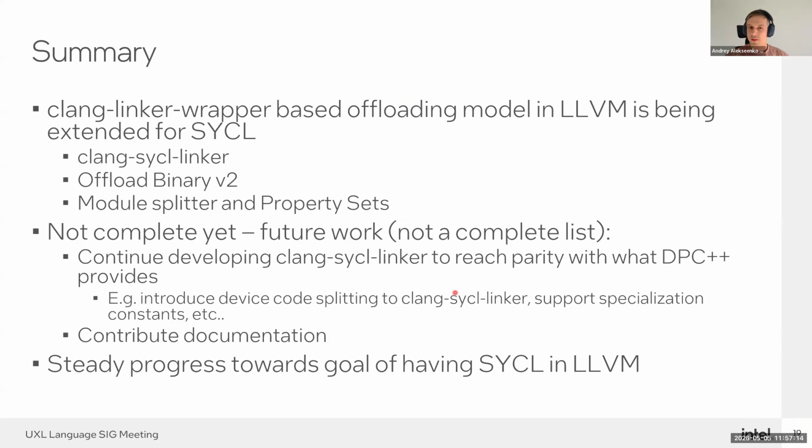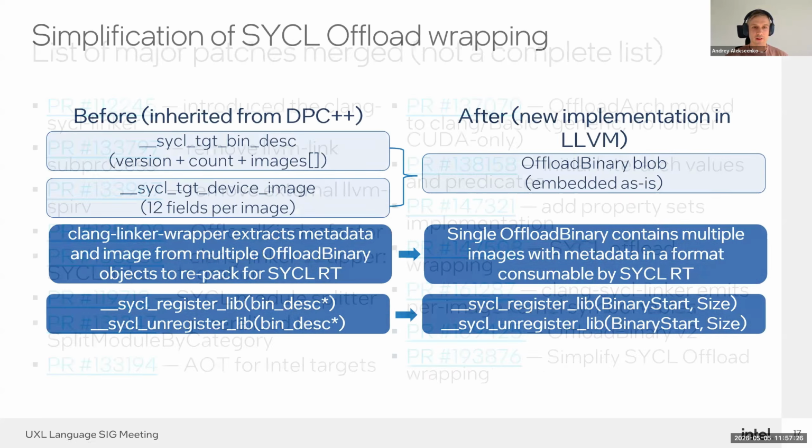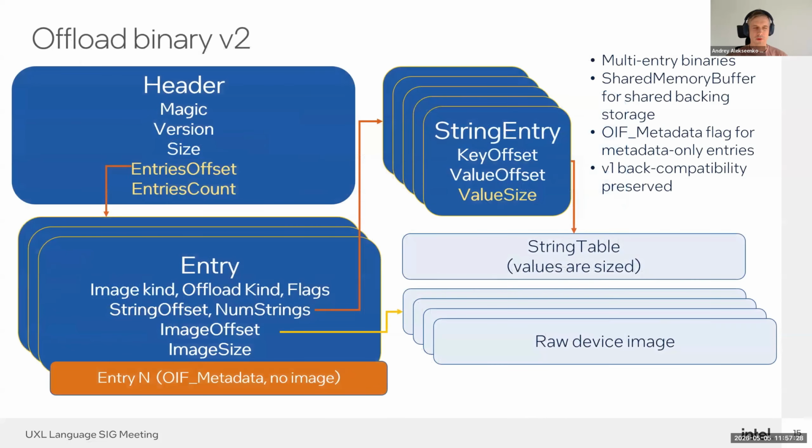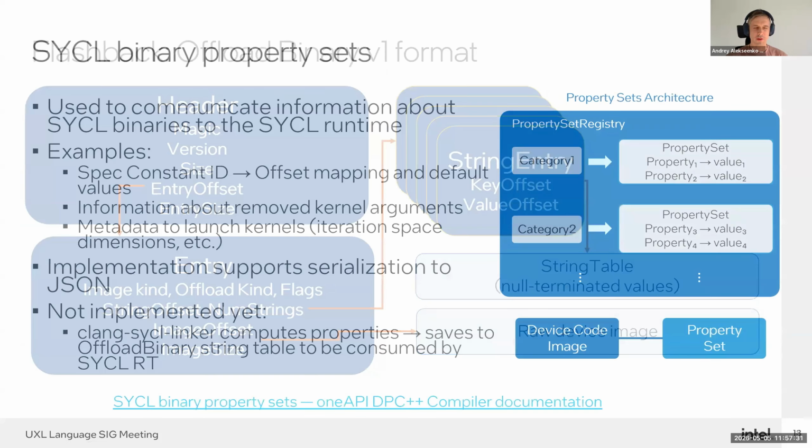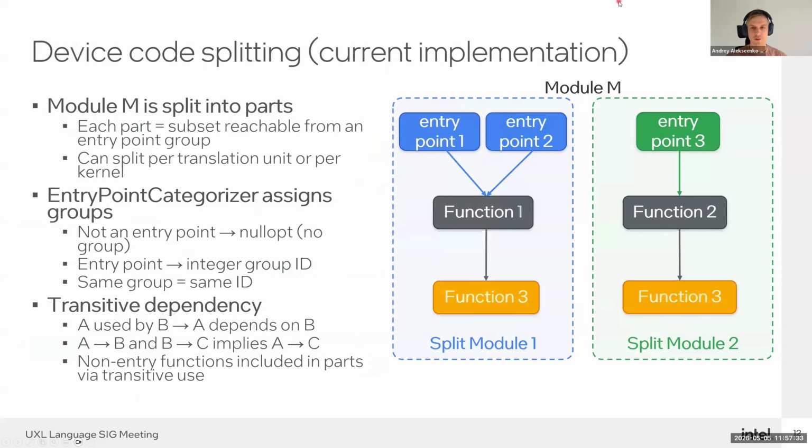And on a more technical side, about device code splitting, maybe I missed some parts because I'm not that deeply familiar with how it all works. Would that be a major change from how things are implemented right now? Because our code relies on device code split per kernel.